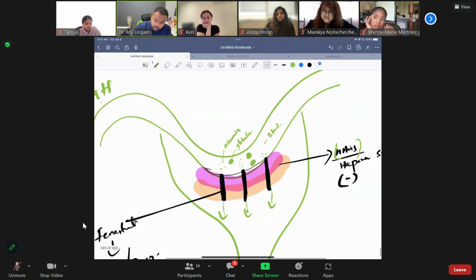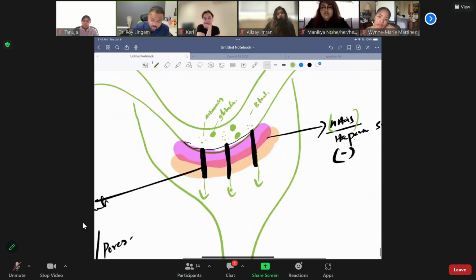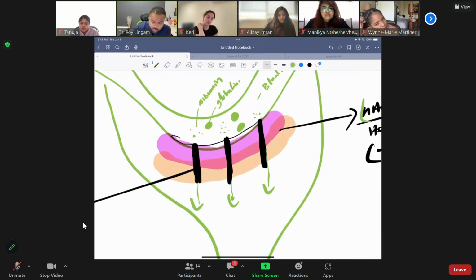Now, when you see albumin and globulins, let's talk about this. If I ask you how come globulin is not coming here in the filtered area, the answer is they are big in size. They cannot enter through small pores and come out. Does that make sense, folks?